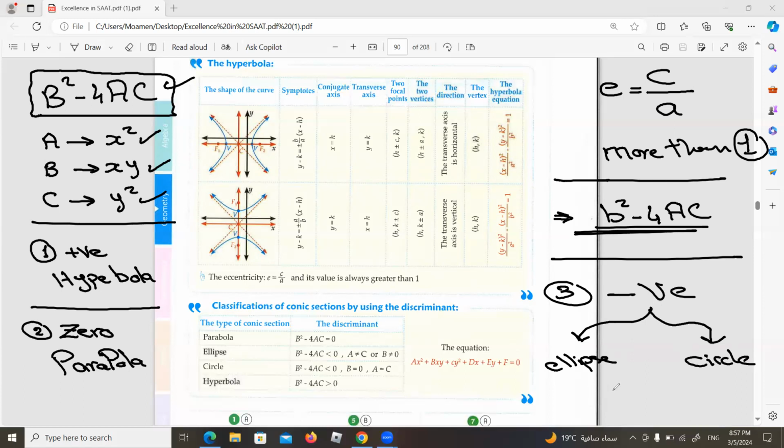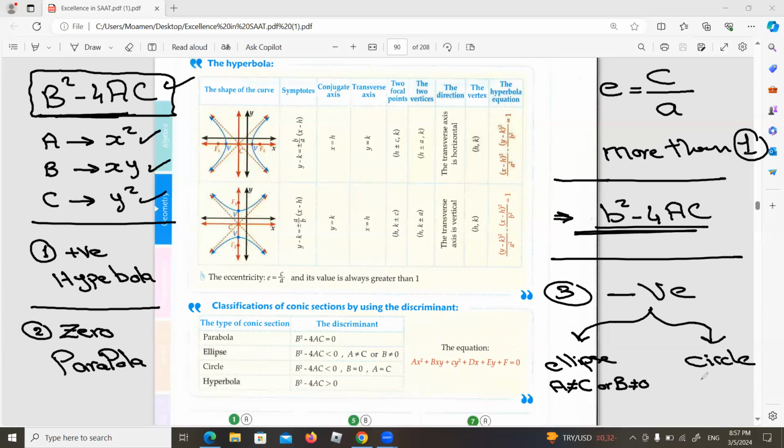But when will it be an ellipse and when will it be a circle? First, you get the discriminant and it is negative. After that, we go to another stage: I get the value of A and the value of C. If the value of A is not equal to the value of C, or the value of B is not equal to 0, if one of these conditions is satisfied, it's an ellipse.